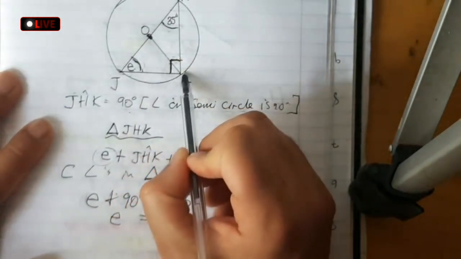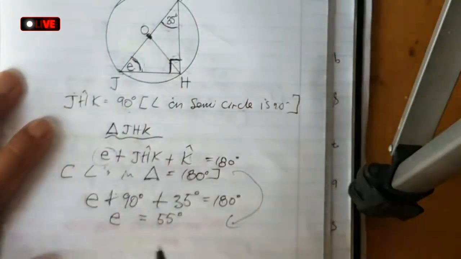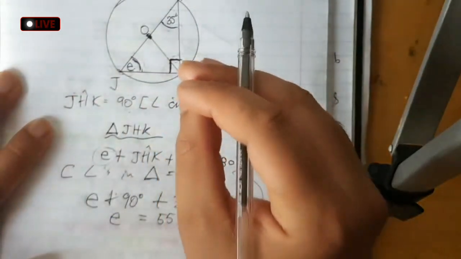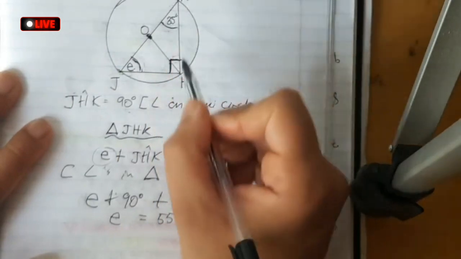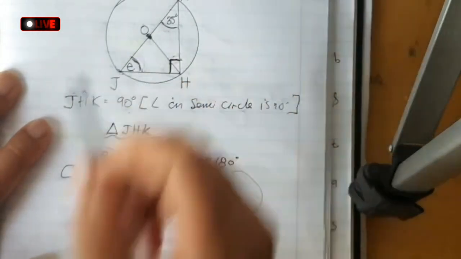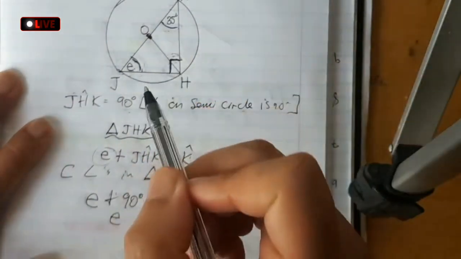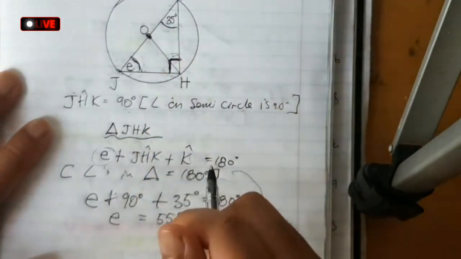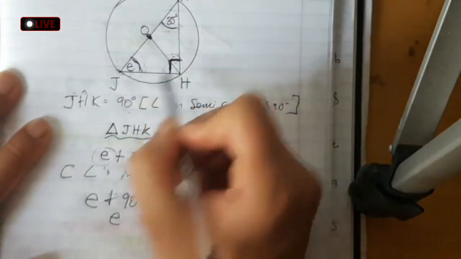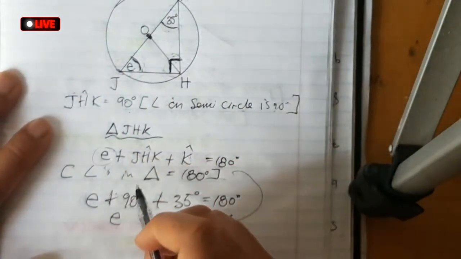This angle plus that angle plus that angle equals 180. That's the idea I'm going to use here. But I have this one, so if I can get this one, then I can calculate that one. But do I have this? Not this. Remember, this wasn't here. I just drew it here a few seconds ago. So this is 90. The reason for that is angle in a semicircle is equal to 90 degrees.